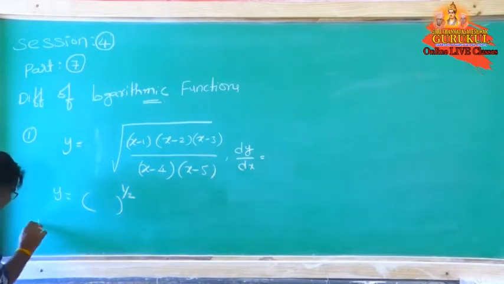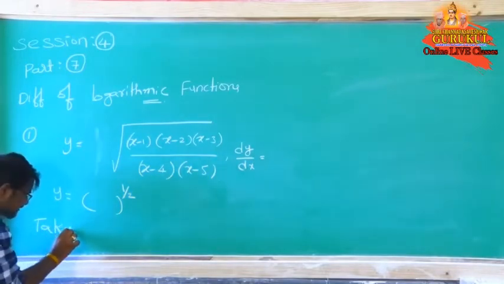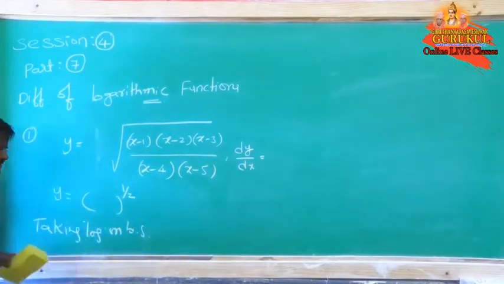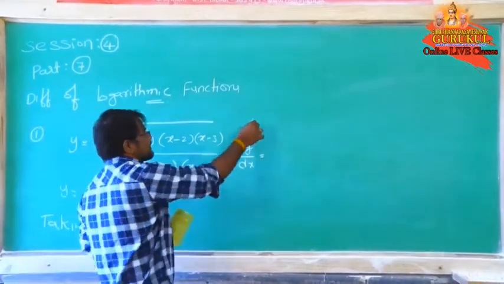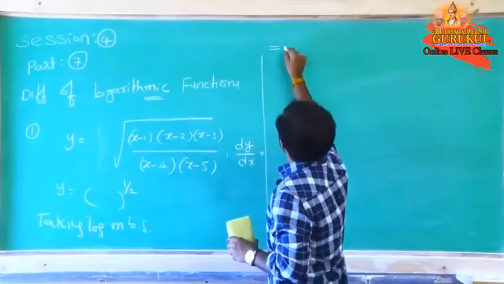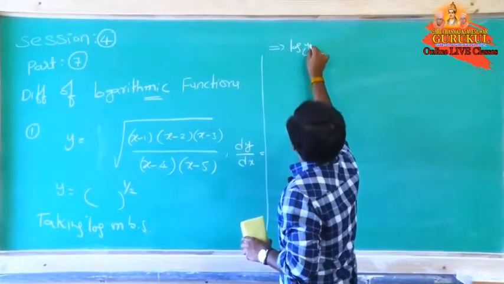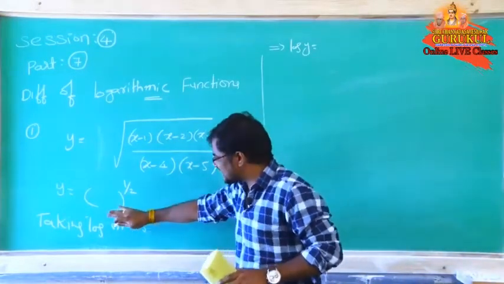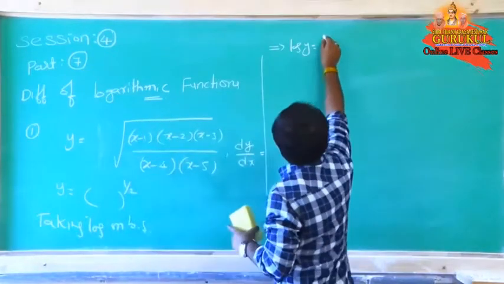Now taking log on both the sides, that implies log y equal to, so same thing we have to take. If you apply the log on both the sides, what you will get?